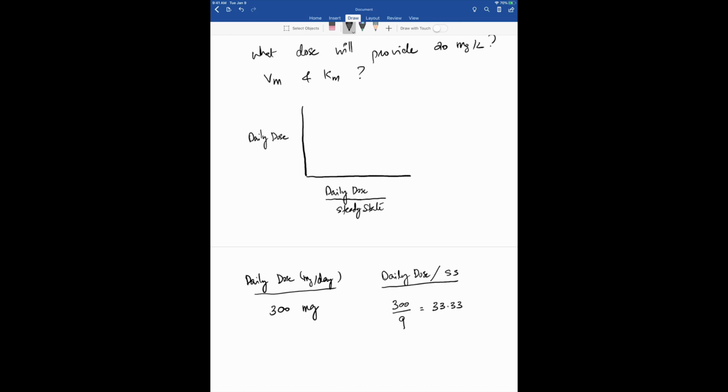If you do dimensional analysis, you'll see the numerator is milligrams per day, and the denominator is milligrams per liter. And so the unit here will be liters per day.